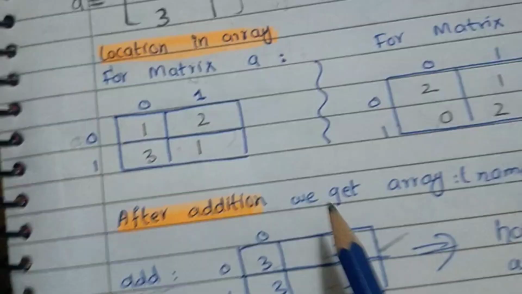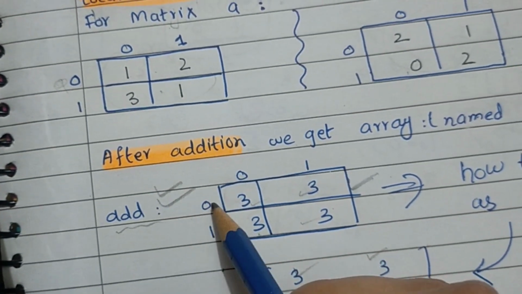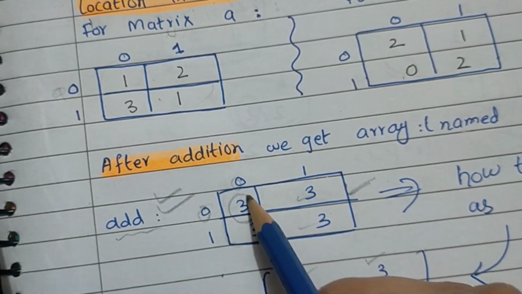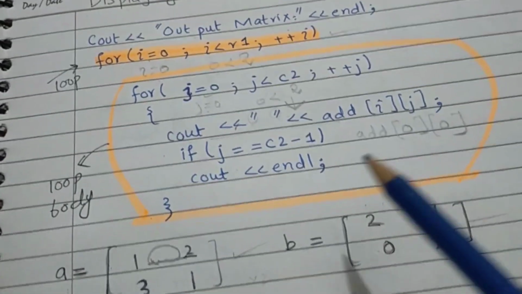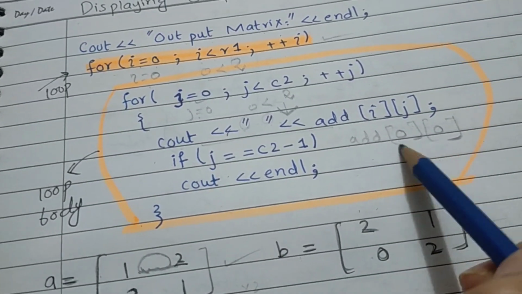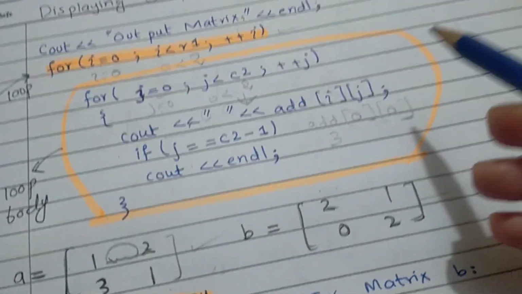So here we have the add array, and in the location 0 and 0 we have the digit 3. Okay, so after this space, this digit 3 will be printed on the screen.